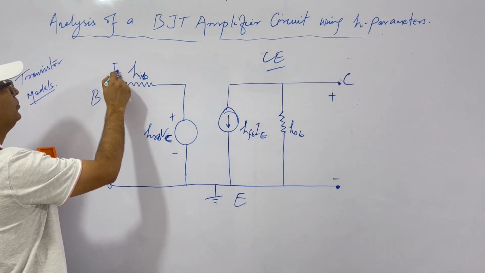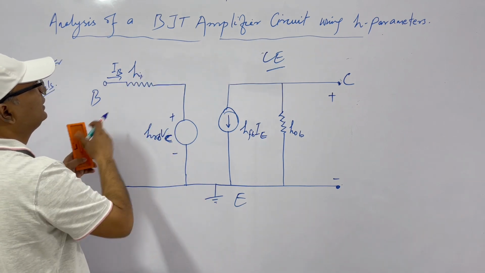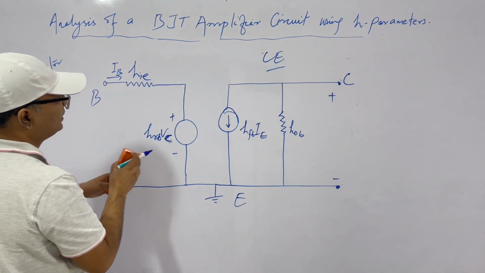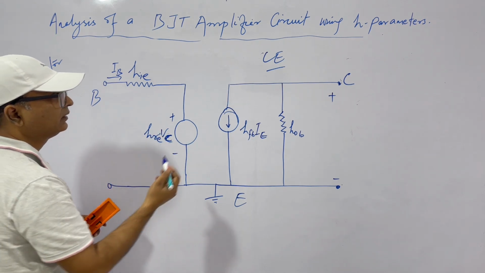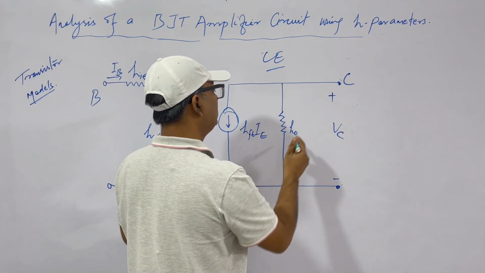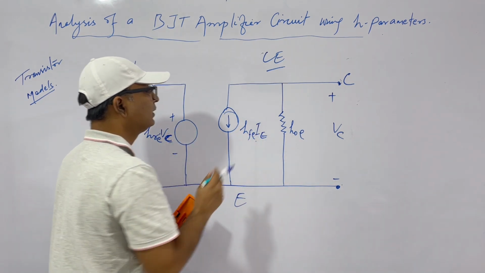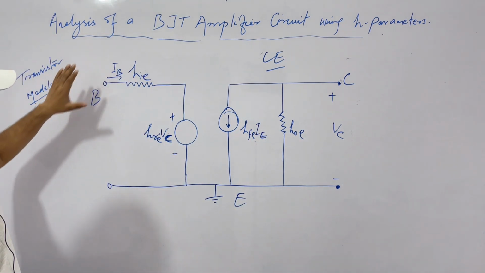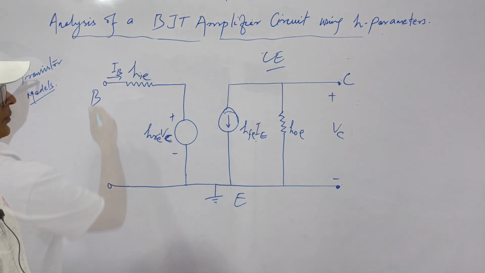This is now IB and this is common emitter, so this will be HIE, this will be HRE, output is VC, no issue. This is now HOE, this is HFE. Clear? So this for common emitter, this is the case. Base is input, IB is the current, output voltage is VC.